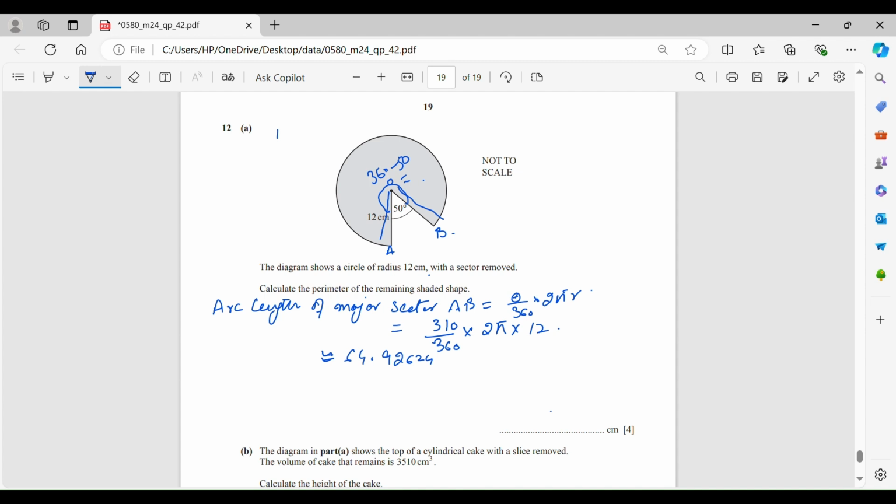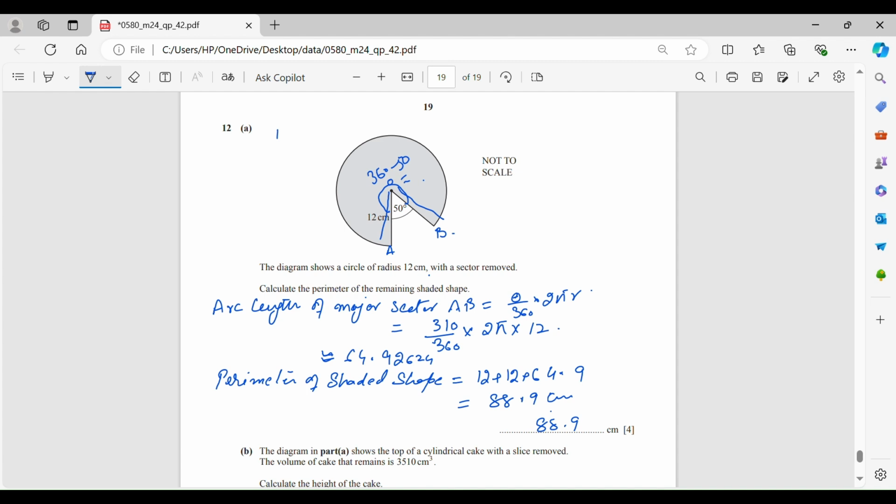Now the total perimeter of the shaded shape will be equal to, we have to add both radii, 12 plus 12 plus 64.9, we will take it as 64.9 only in 3 significant figures. So this will be equal to 88.9 centimeter, right? So our answer is 88.9.